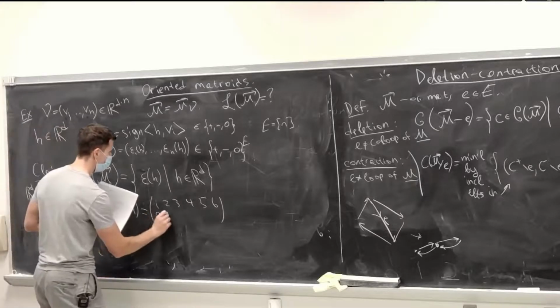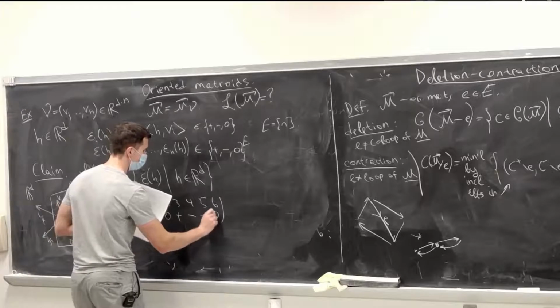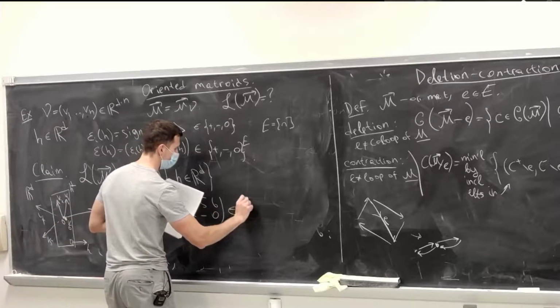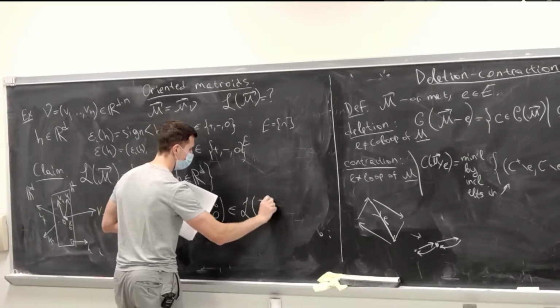Zero, 0, plus, minus, minus, 0. Very nice. So this sign vector belongs to my covectors.